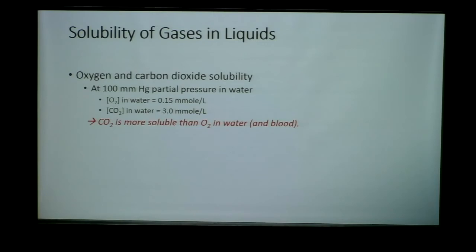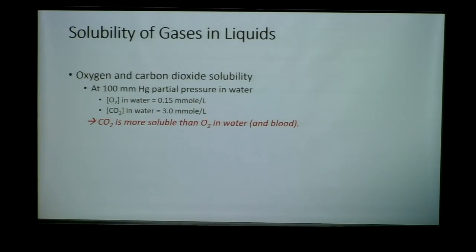And so what we can see here is that carbon dioxide is much more soluble than oxygen in water. And in our case, the specific fluid that we are interested in is blood, right? So what this really means is that carbon dioxide plays more nicely in blood. It's going to move around easily in blood.